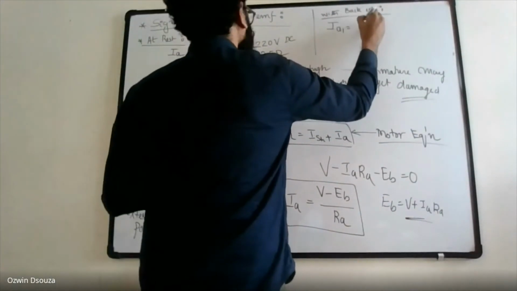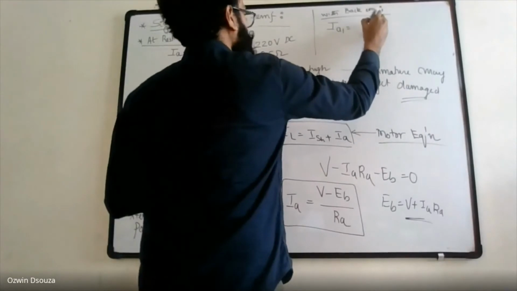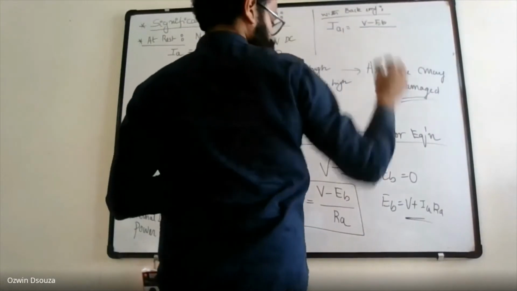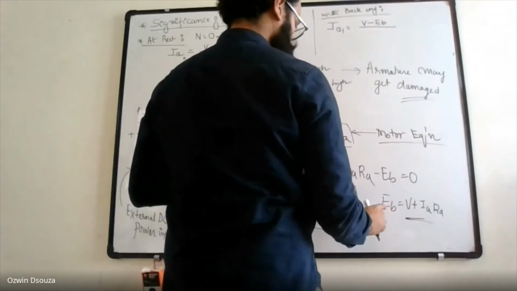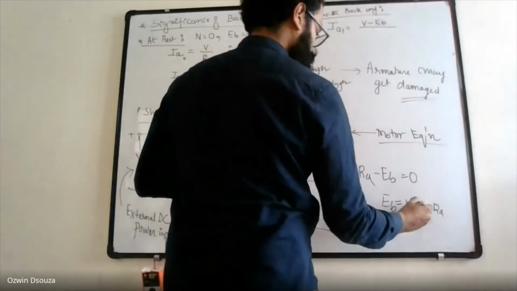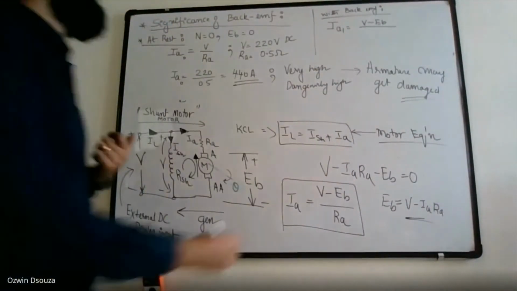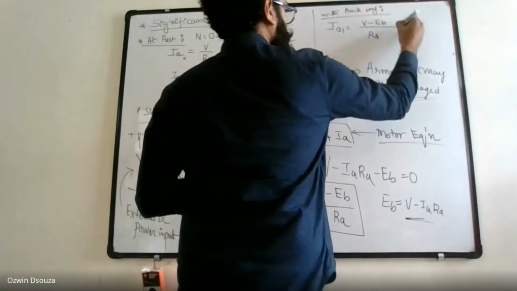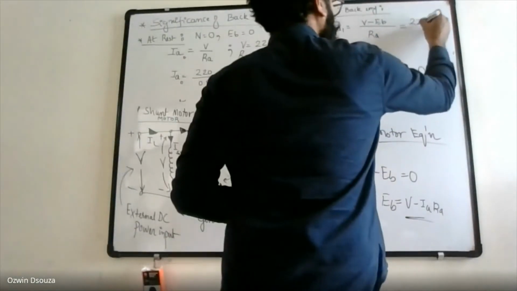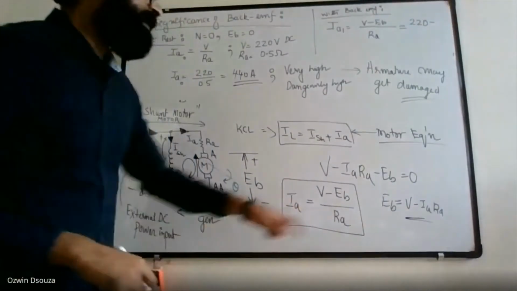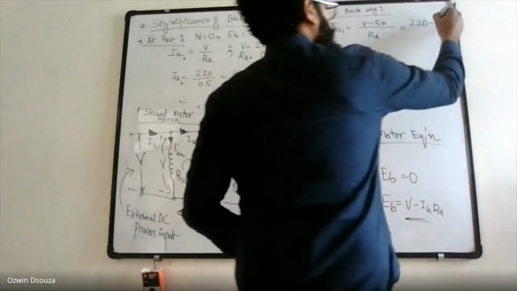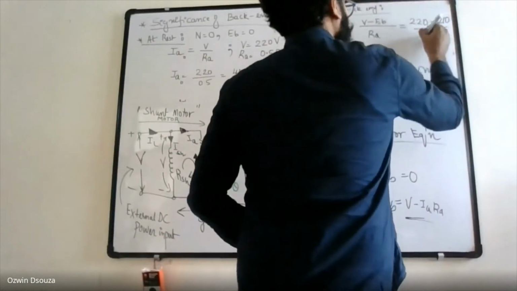So Ia1 is V minus Eb divided by Ra, which is equal to 220 minus Eb. Eb is V minus IaRa, so slightly less than the supply voltage, let's say 210, divided by 0.5.